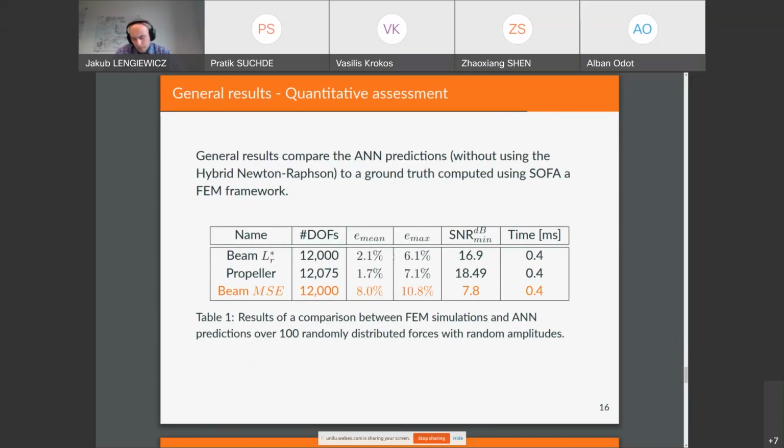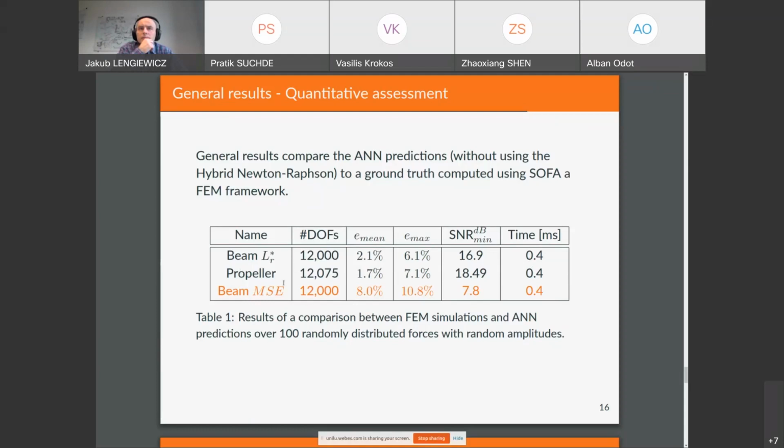And the max error in the worst case over 100 forces was 6.1%, and it was on a very small displacement, which can quickly make the relative error explode. So we remain pretty confident over the results of the network. We also see that we achieve quite easily the real-time criterion of 60 FPS with 0.4 millisecond per prediction. So that's cool.